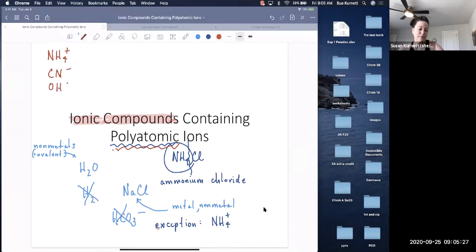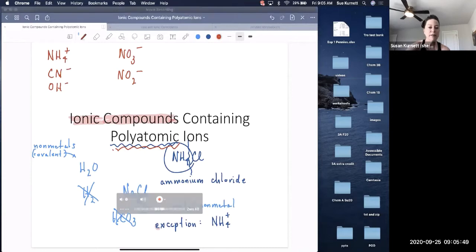Hydroxide. And then there's going to be a whole bunch that end in -ate and -ite, like nitrate and nitrite. Some of these you're going to need to memorize, and for some, once you understand a rule and a pattern, you'll be able to deduce them. And that's what we're going to talk about a little bit today.